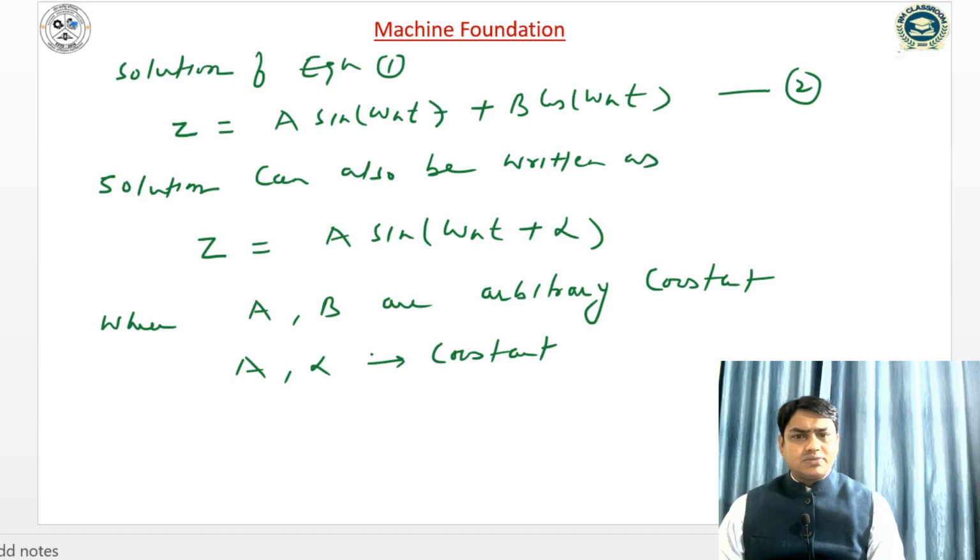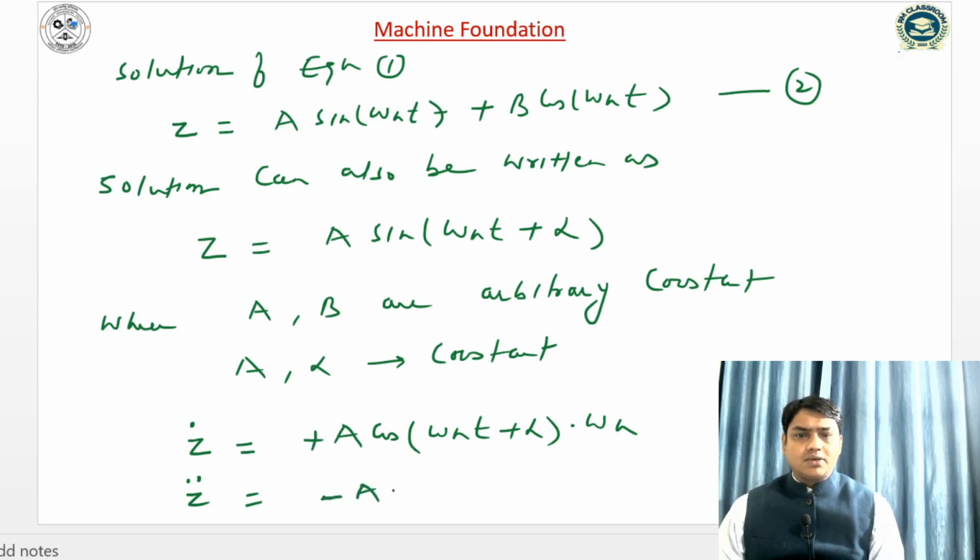So if I take the first derivative of this, z dot is equal to a omega n cos omega nt plus alpha. Similarly, the second derivative is minus a omega n square sine omega nt plus alpha.